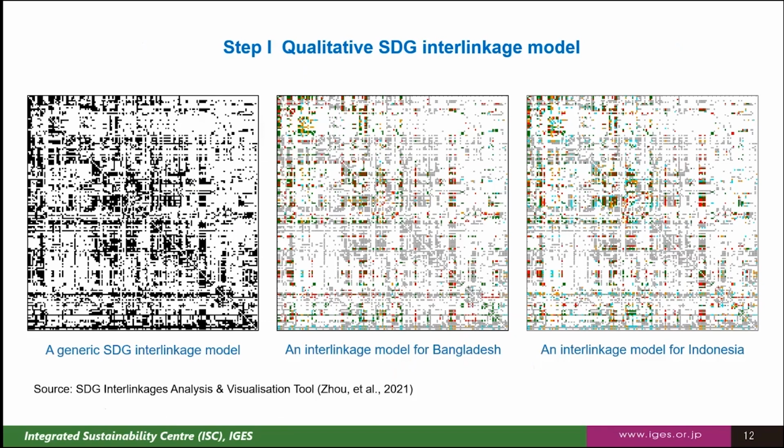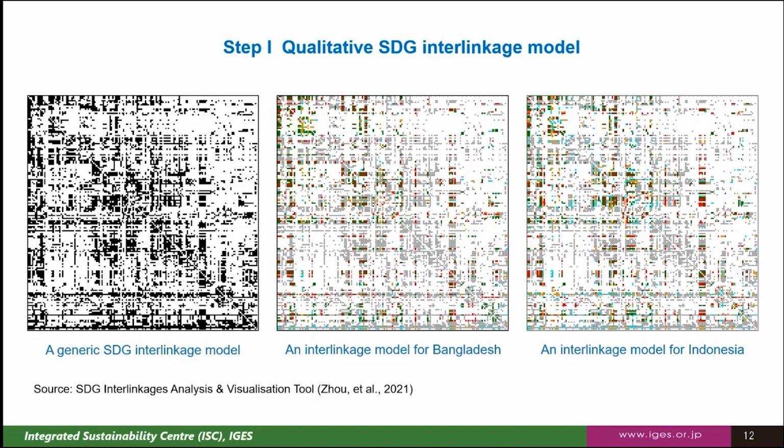So for the qualitative SDG interlinkage model, here we show 3 figures. One is the generic SDG interlinkage model on the left, and 2 specific interlinkage models for Bangladesh in the middle and for Indonesia on the right.